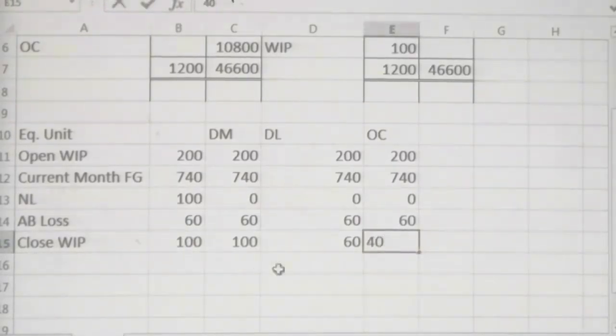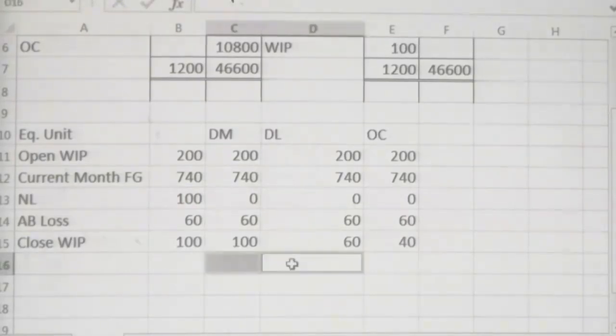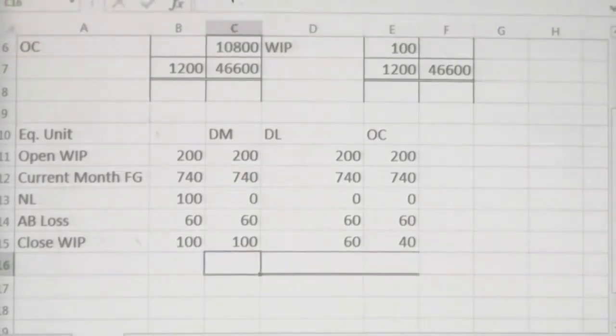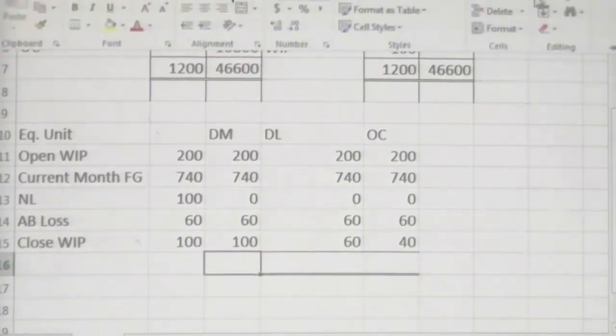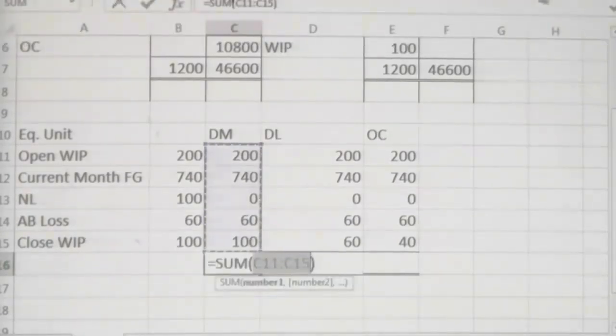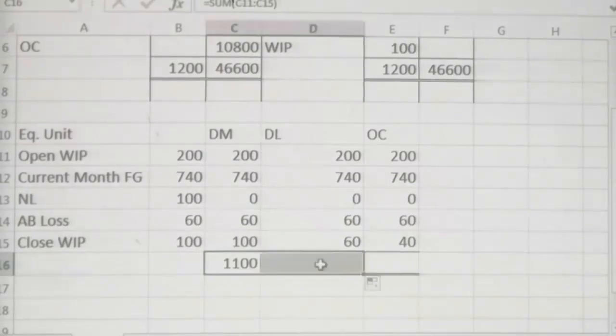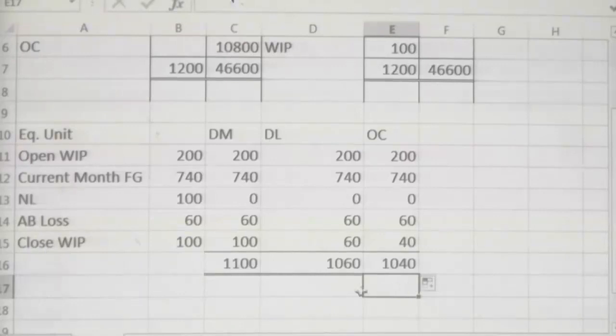Taking the totals, you get 1,100 equivalent units, 1,060 equivalent units and 1,040 equivalent units.